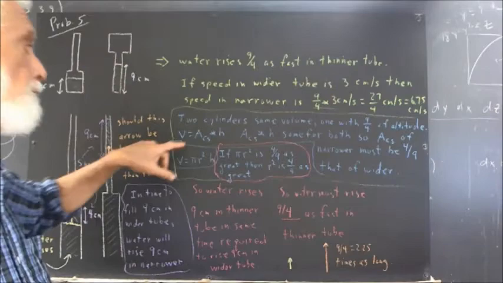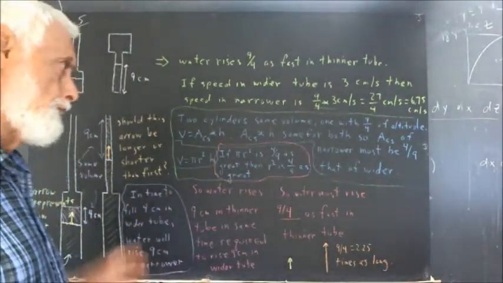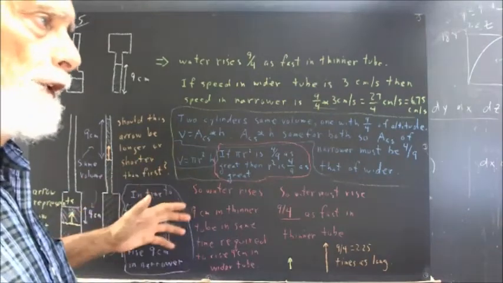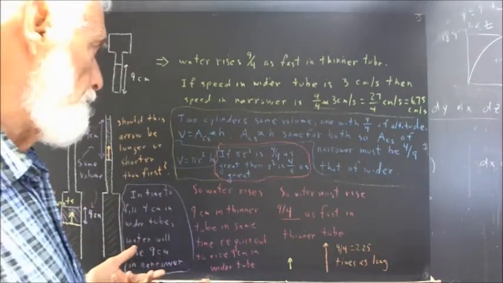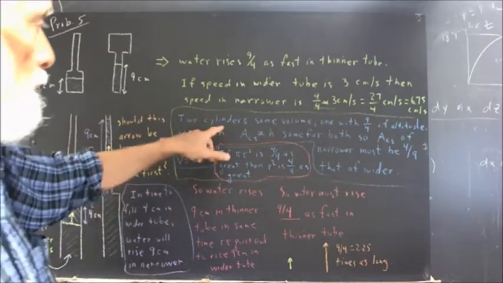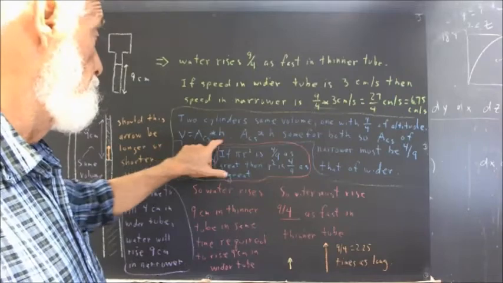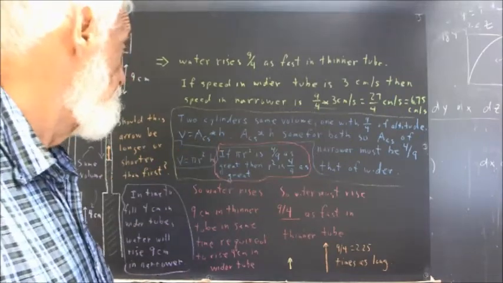Now, if you have two cylinders of the same volume, the next question is, how do the cross-sectional areas and the radii of the two tubes compare? Well, the volume of any cylinder is equal to its cross-sectional area times its height.